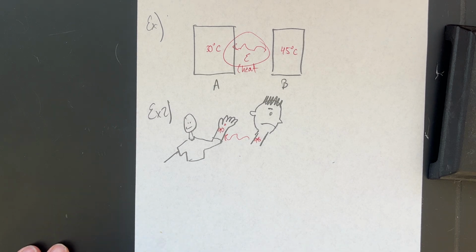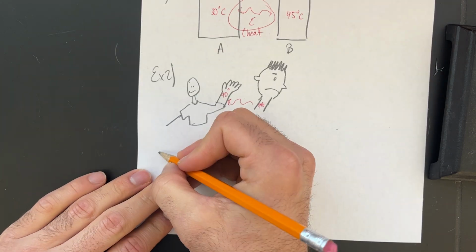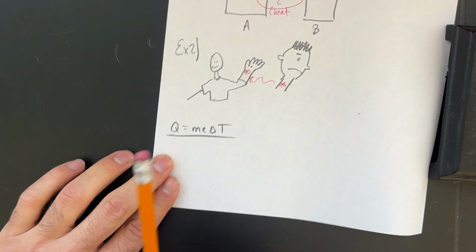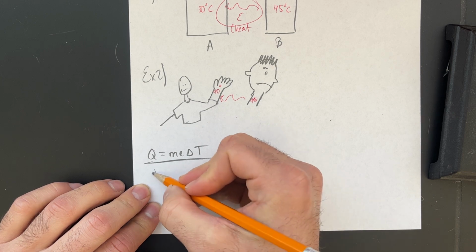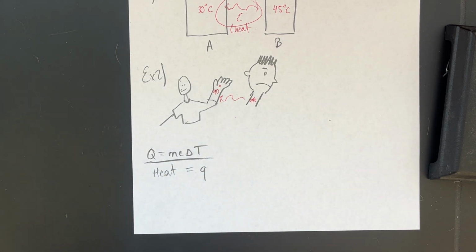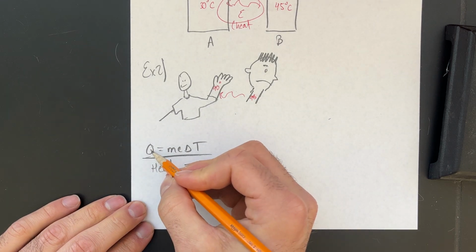That's one thing that's difficult in this lesson, but another thing that's difficult is the math of it. We can calculate heat using this equation, Q is equal to mc delta T. Q, heat, we oftentimes call it Q. And so here, this is the heat equation.